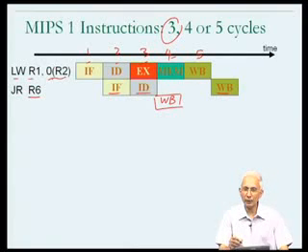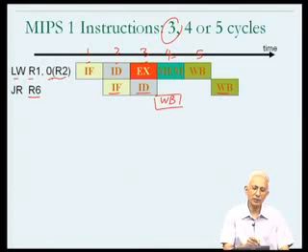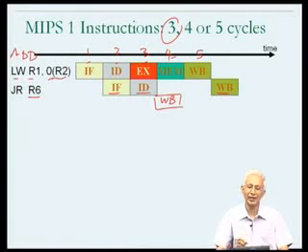Now, we need to look at this in a slightly more holistic perspective. We've started by assuming that the load word instruction was the first instruction in the pipeline, but remember that during program execution, the load word instruction followed by the jump register instruction may have followed other instructions. In other words, there could have been an instruction preceding the load word instruction, such as an add instruction. And if there had been, then the add instruction would have been using the write back hardware in cycle number 4.